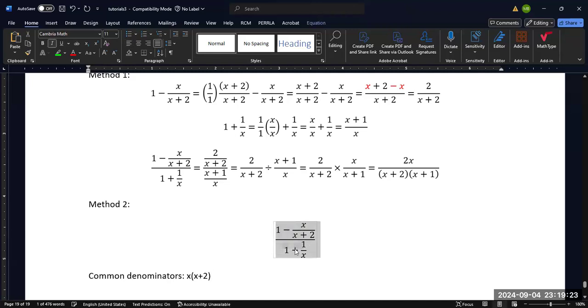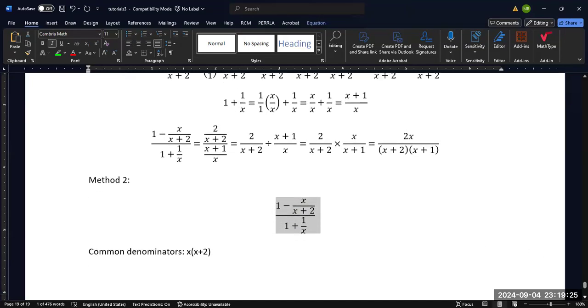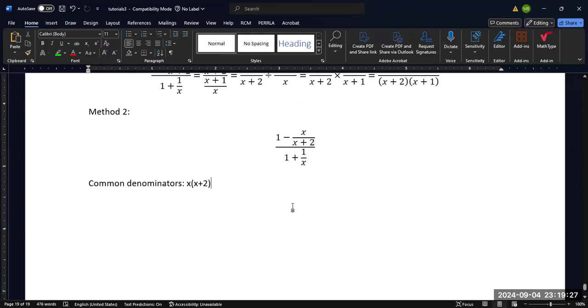So essentially, what we've got here is this expression, and we're going to multiply times x plus 2 divided by x times x plus 2.